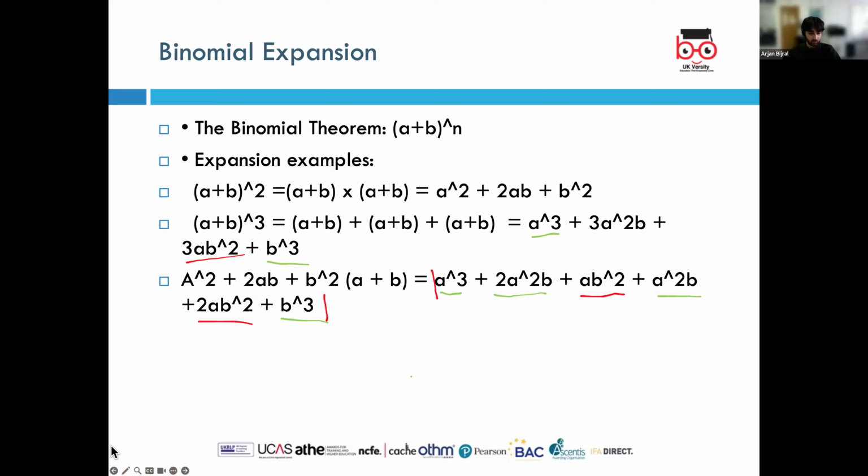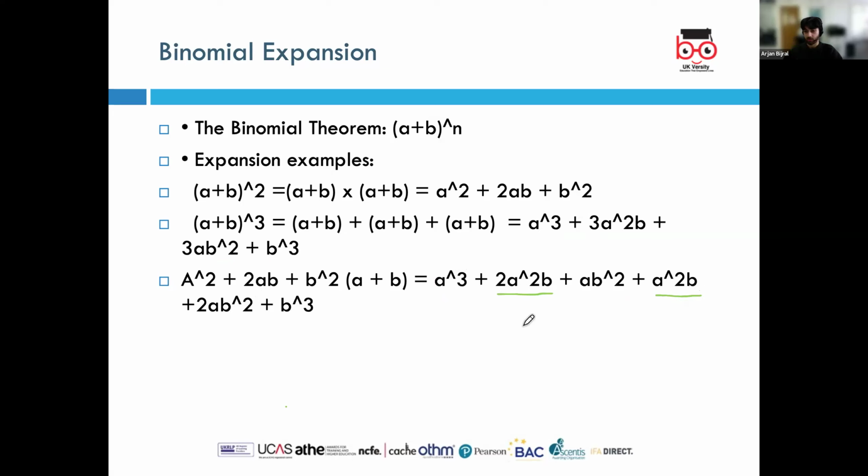I'm going to erase everything to not confuse us. By the way, when you're doing this on paper, it's a lot easier because you can cross things off and forget about the stuff you've already done. So all we've got left is 2A squared B and then A squared B.